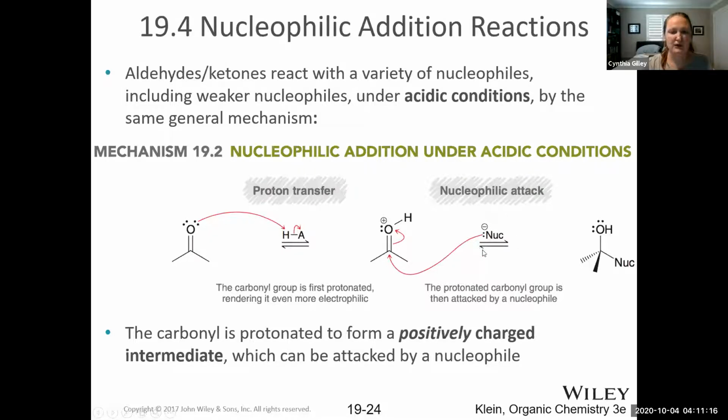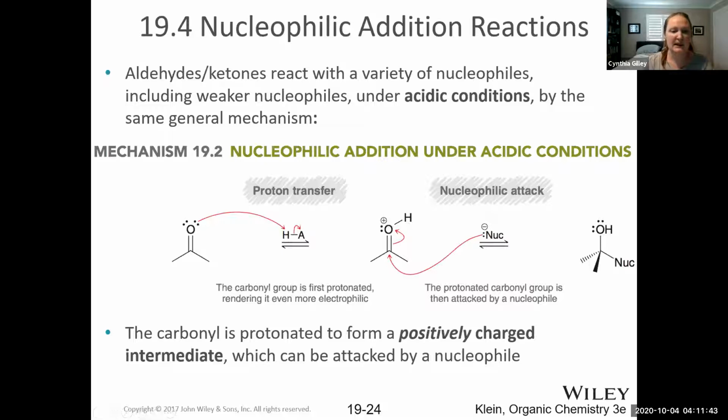It only has a partial negative charge on the oxygen. But when we have a protonated intermediate, even a weak nucleophile like water can do a nucleophilic attack on the carbonyl carbon. So weak nucleophiles require an acid to what we call activate the carbonyl for nucleophilic attack. It is activated through protonation.